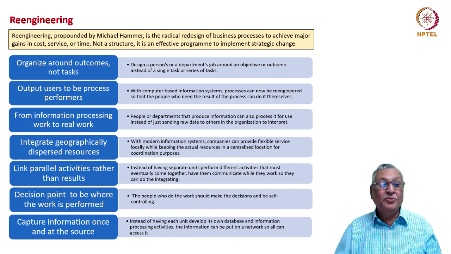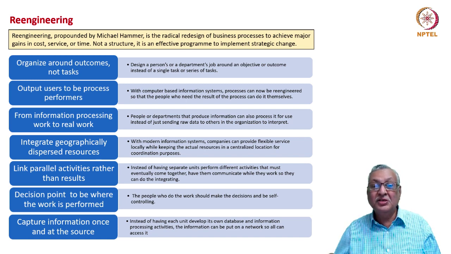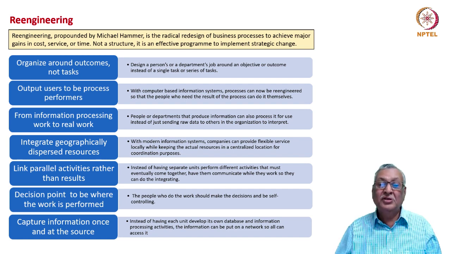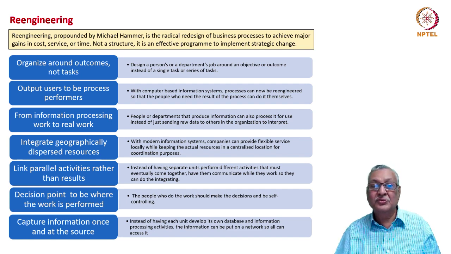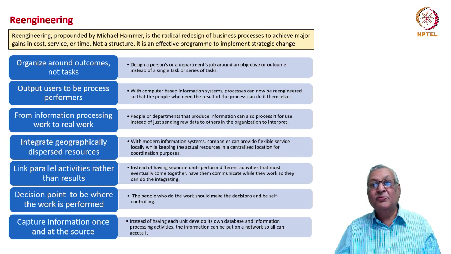Secondly, output users to be process performers. That is, process can be re-engineered so that people who need the result of the process can do it themselves. One classic example is production people owning quality control. People who do the production are expected to give high quality products time over again.